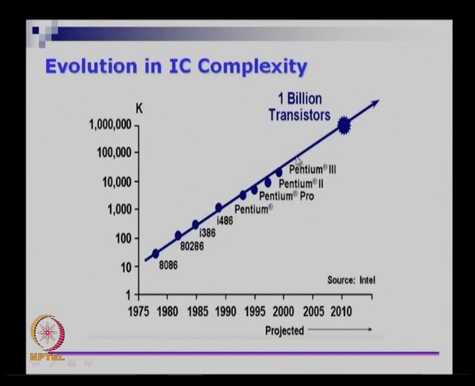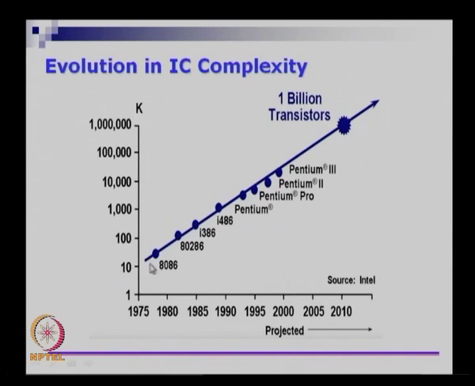Pentium 3 and Pentium 4 was probably the time at which you were born, and this already had about 40 to 100 million transistors. P4 had 42 million and so on, and current day chips are much more than 1 billion transistors in a single processor. So we are already hitting 1 billion transistors in a chip.